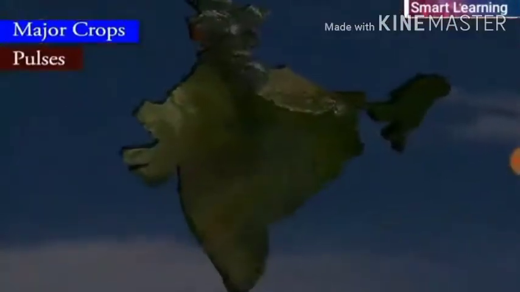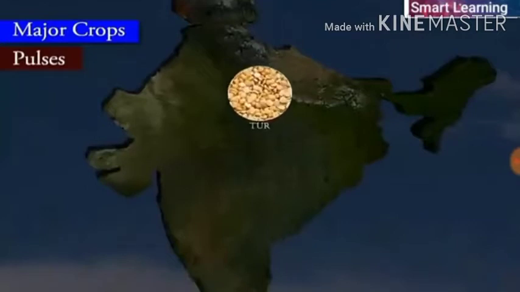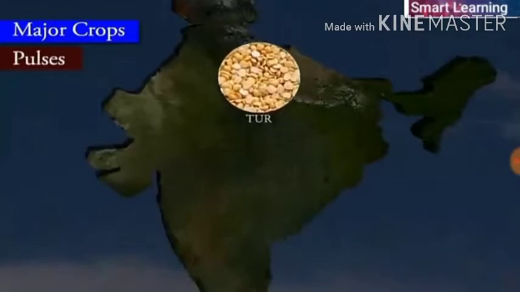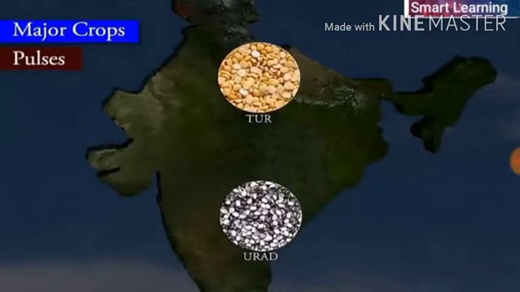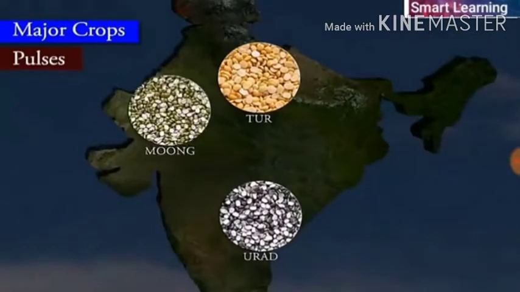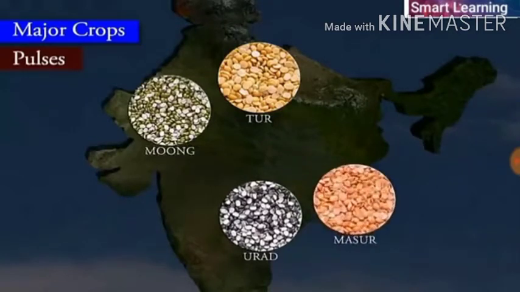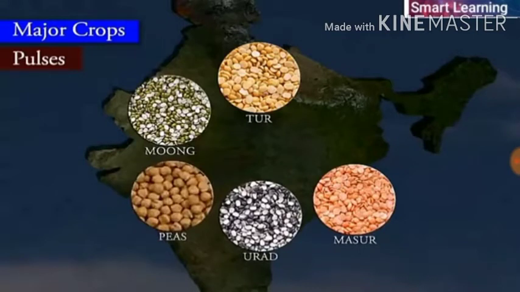Major pulses that are grown in India are tur or arhar, urad, moong, masoor, peas, and gram.